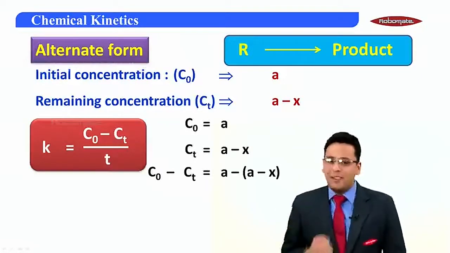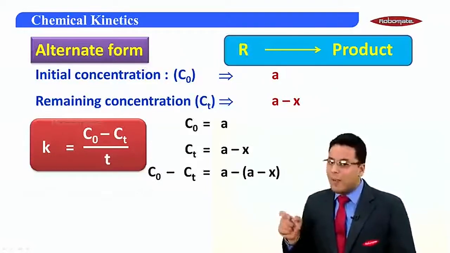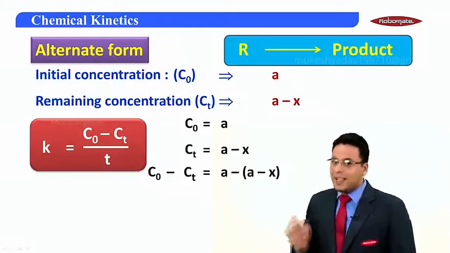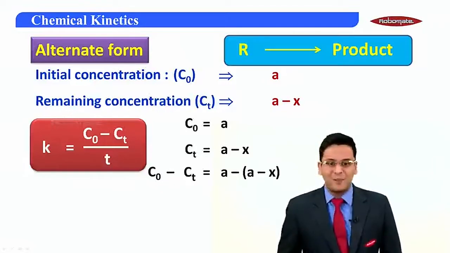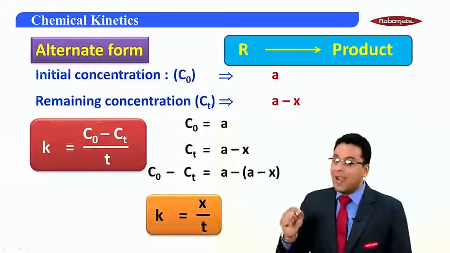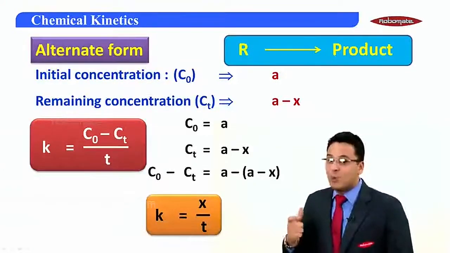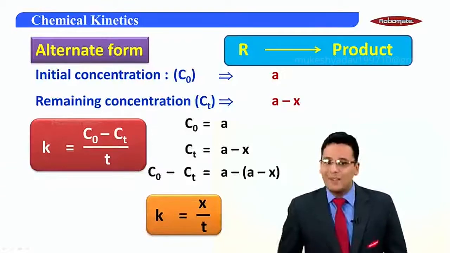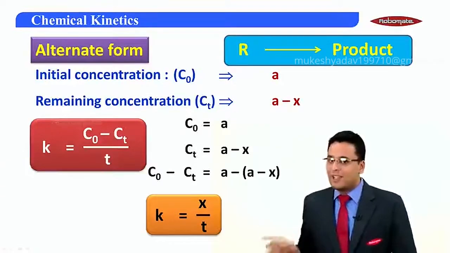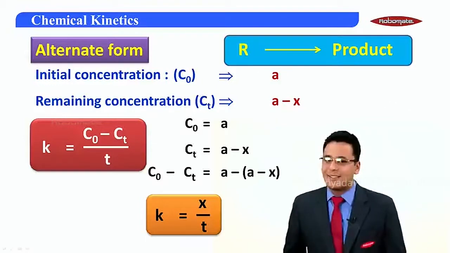When you open this bracket and substitute this C0 minus Ct in this integrated rate law equation, this is what you will get. k is equal to x by t, which means it is the amount which has reacted divided by time. So that's your alternate form of the integrated rate law equation.